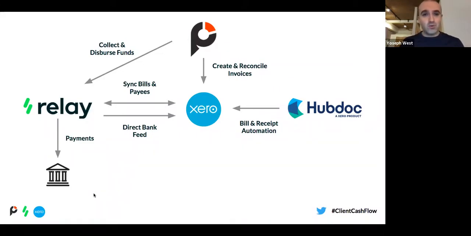So you have your central records still in Xero, and you have high-quality data getting piped in. And not only are you able to collect and disperse funds from Practice Ignition into your bank account, which is what a lot of firms do, they hook up their PI with Relay, and deposits show up, and life is easy in that context. And with PI integration with Xero, you can create and reconcile invoices.